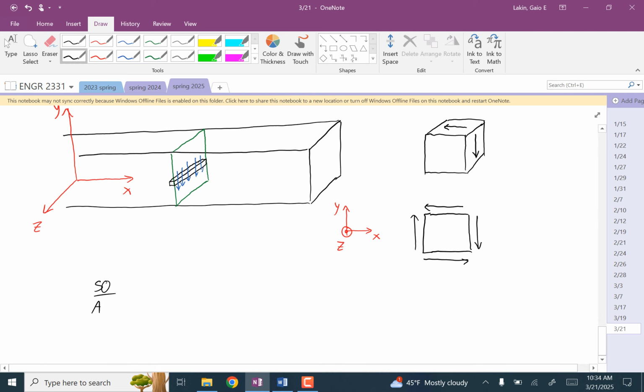But the bottom line is, a shear force produces an XY shear stress.